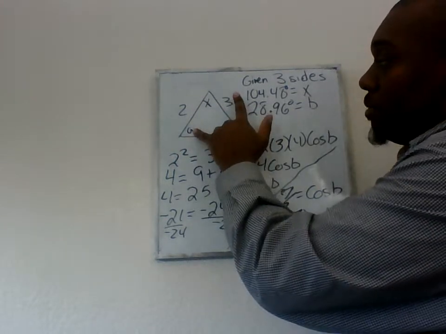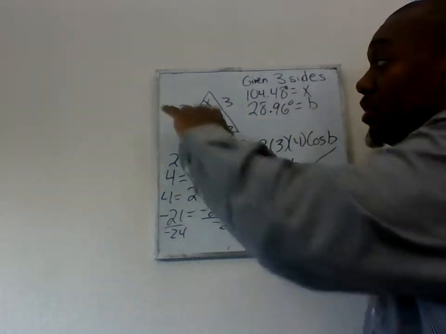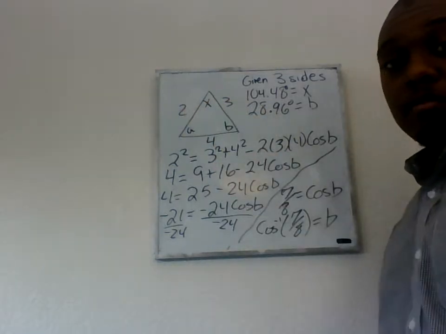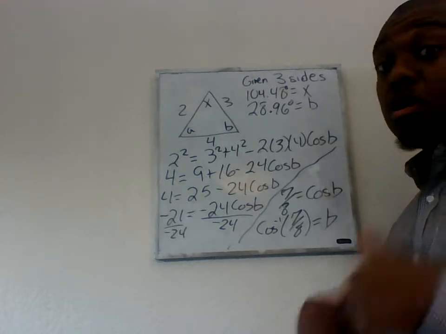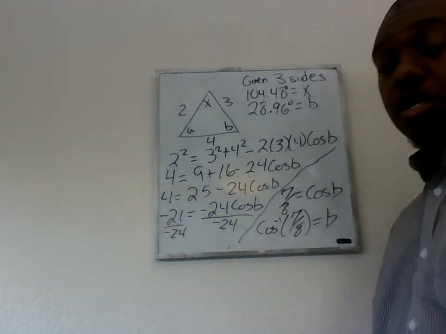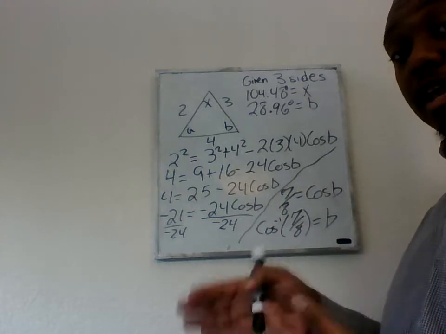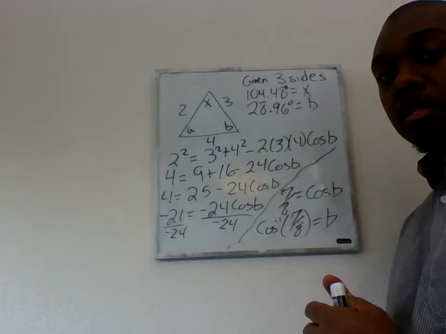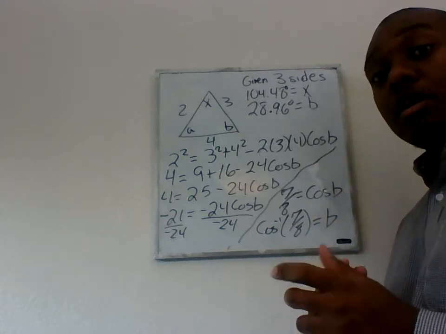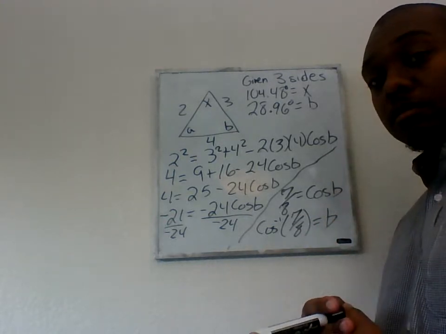We also can use law of cosines again. We've already demonstrated that if you're given three sides, you can find any of the angles within a triangle using law of cosines.